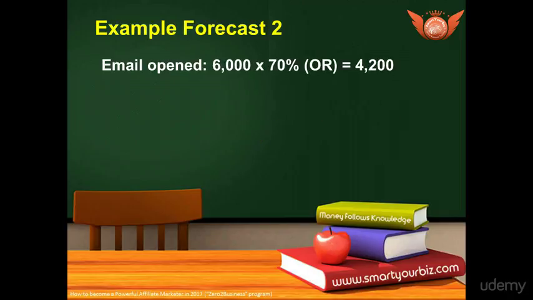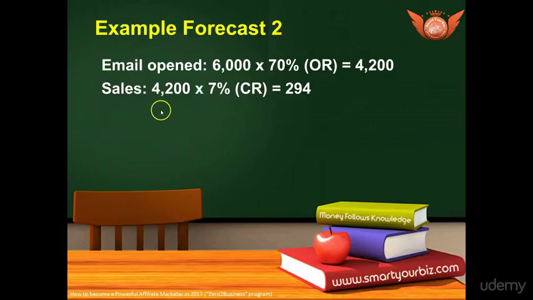6,000 multiplied by a 70% email open rate will result in 4,200 subscribers who actually open the emails. But in general, only 5 to 10% of people who open the emails are likely to make a purchase. So in this case, let's take a 7% conversion rate.